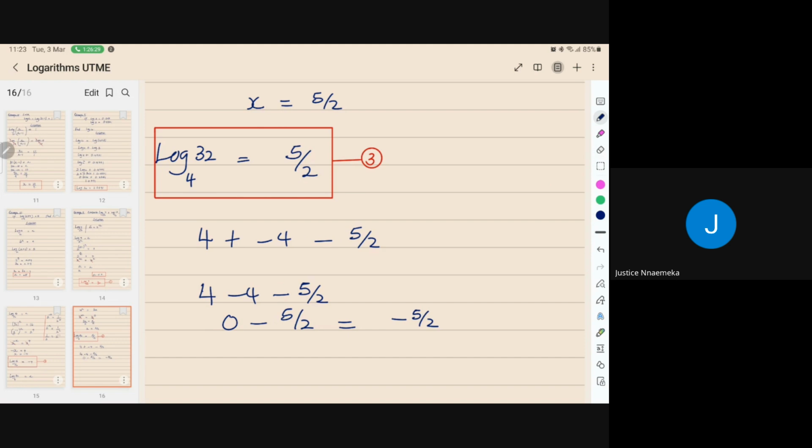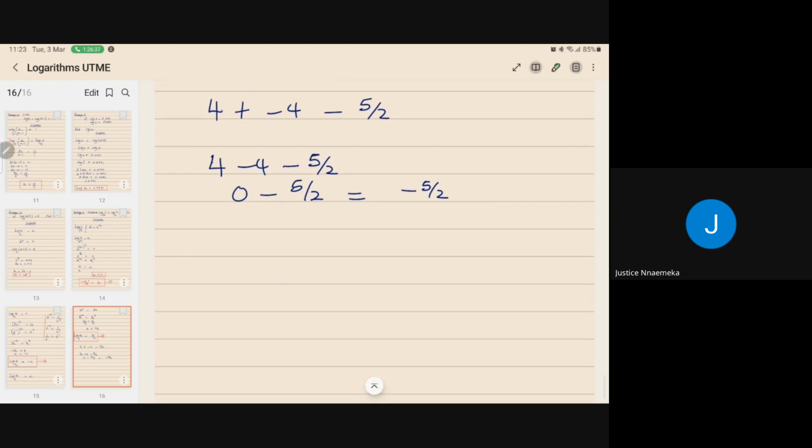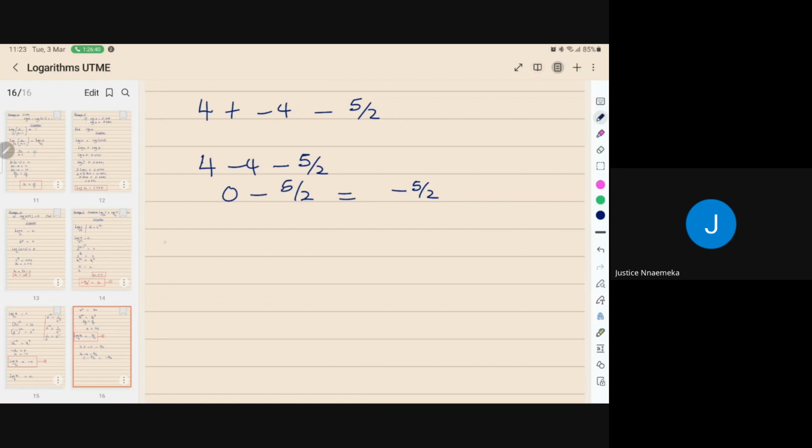All right. So which means that, are we together? Which means that that very long question they gave us, therefore, we'll have that the logarithm of root 2 4 plus log of 1 over 2 16 minus the log of 432 is equal to negative 5 over 2, right?